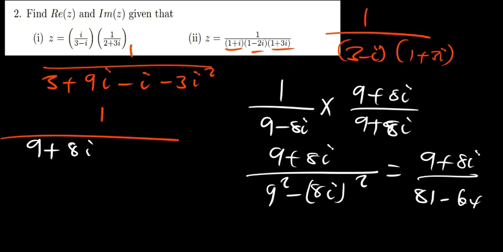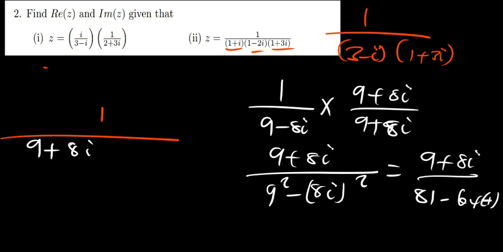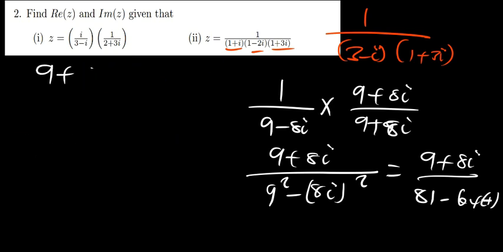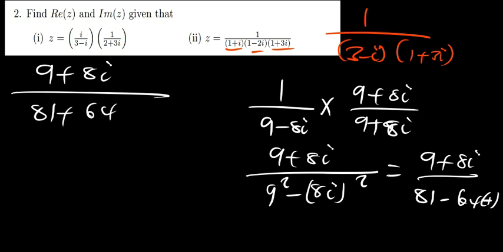Now i squared is negative 1. So I'll have 9 plus 8i divided by 81 plus negative negative, which is going to be plus 64. So what is 81 plus 64? That is 145.